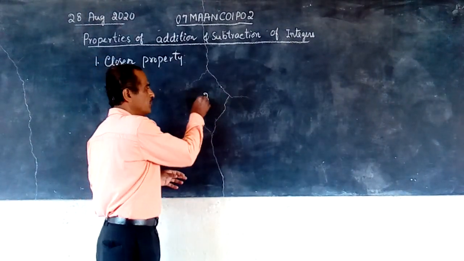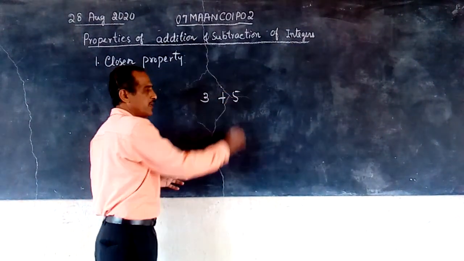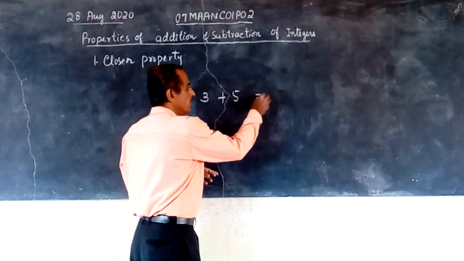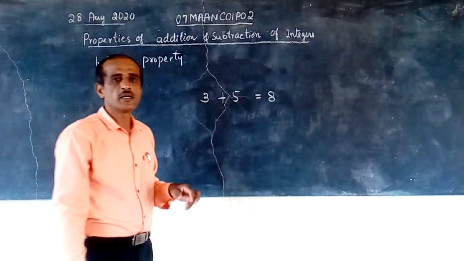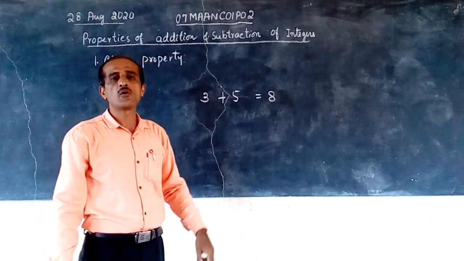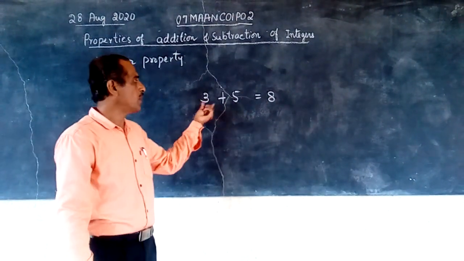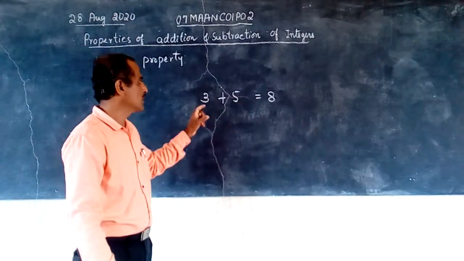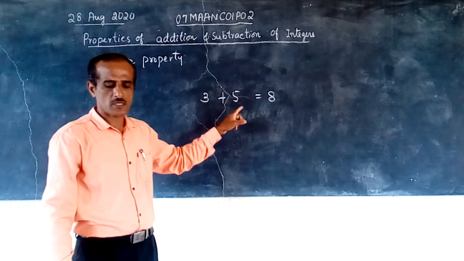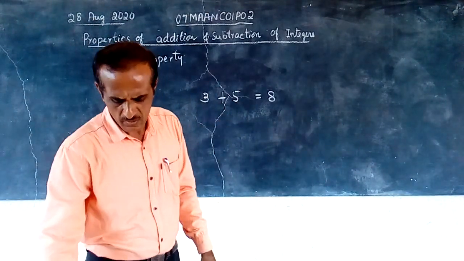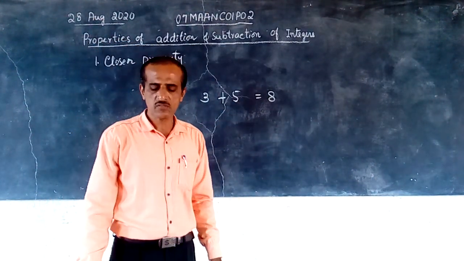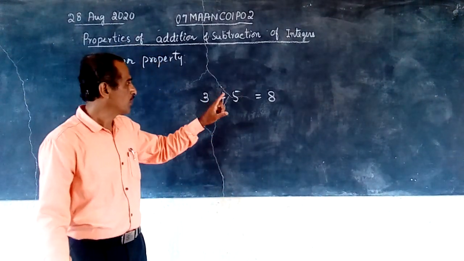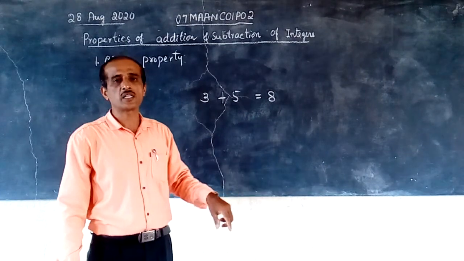For example, 3 is one whole number, 5 is another whole number. If you add these two numbers, what is the sum? It becomes 8. 8 is also a whole number. So, the sum of two whole numbers is also a whole number. We can say whole numbers are closed under addition.